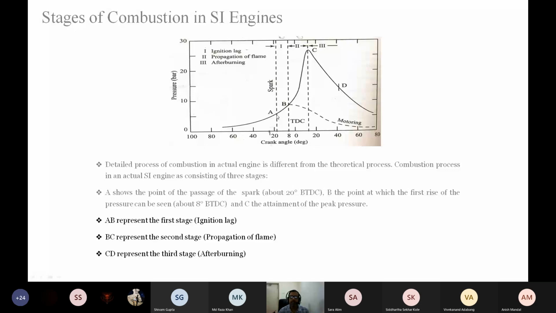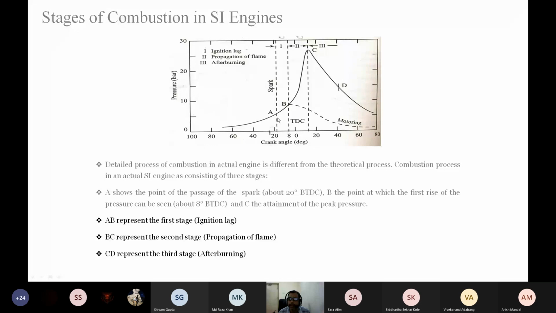It is because as soon as you create the spark, the combustion is not initiated at that point itself. There is a time lag between the spark timing and the start of the combustion. A is representing the spark timing and B is representing the start of the combustion. So there is a time lag.